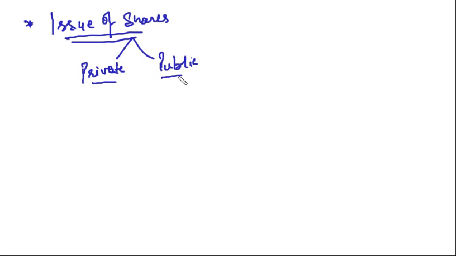What it means is that we issue the shares privately to some group of people, to your friends, right? You want your friends to invest in the business, so you issue the shares privately to a particular group of people, right? Public means you issue the shares to the general public. Clear? So issue of shares can be private or public.